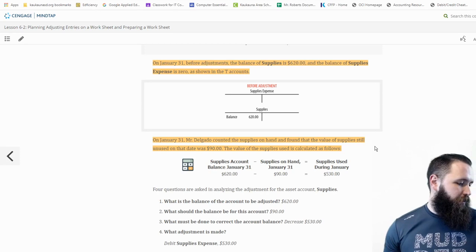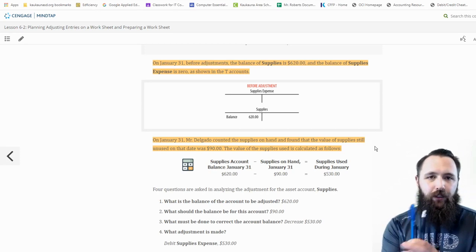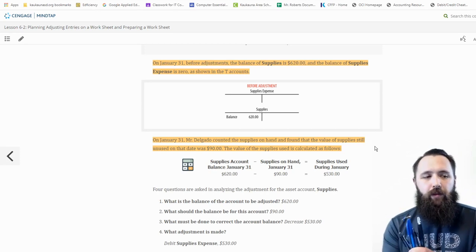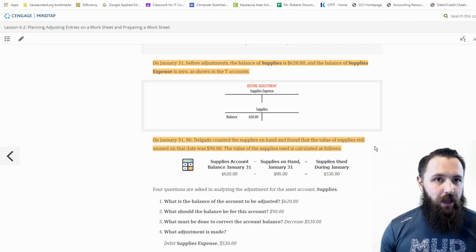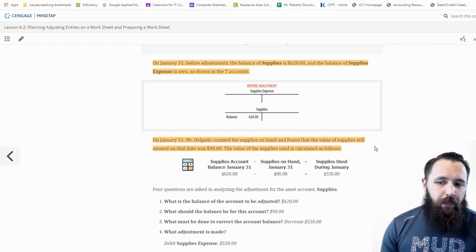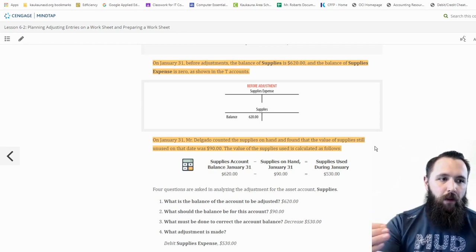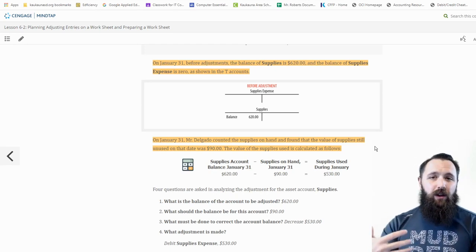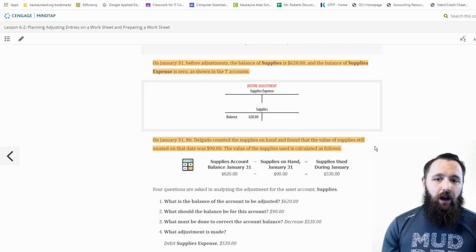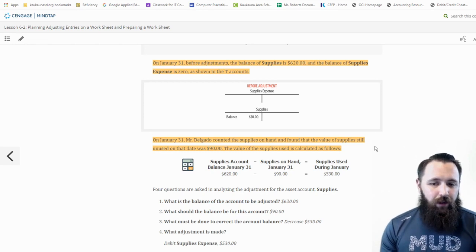We said, all right, how many pens do we actually have? I'm just using pens because it's simple, right? How many pens do we have? And we go out there and we count. We go, oh yeah, we have 90 pens left. That's our supplies on hand, 90. So how do we determine what our expense is? Well, what our balance was minus what we have on hand is going to give us our expenses, okay? So that's what we're looking at here.